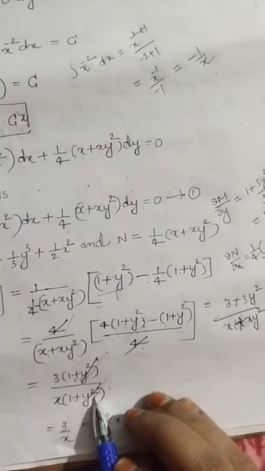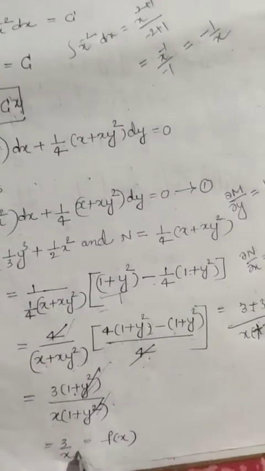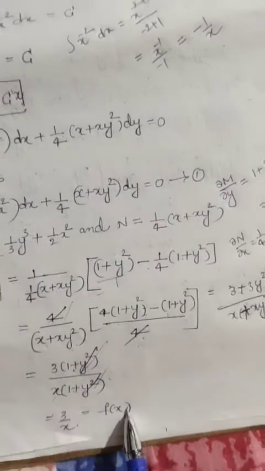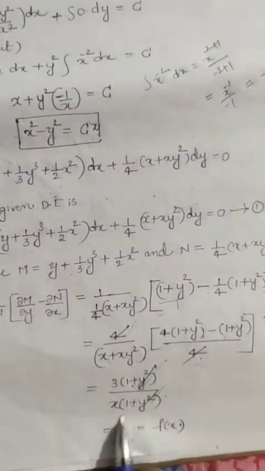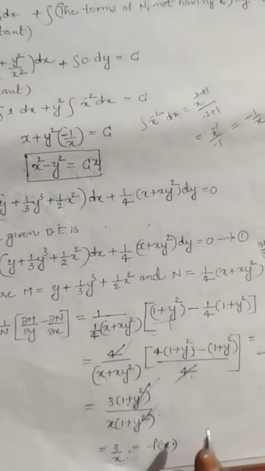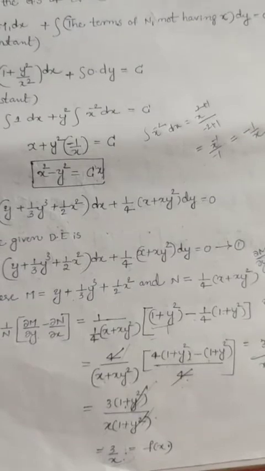So here 1 plus y square and 1 plus y square get cancelled, remaining 3 by x. So it is in the form of a function of x. So the integrating factor equals e power integral of f of x into dx.